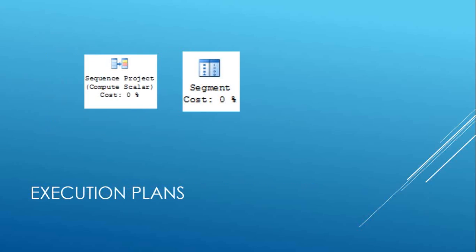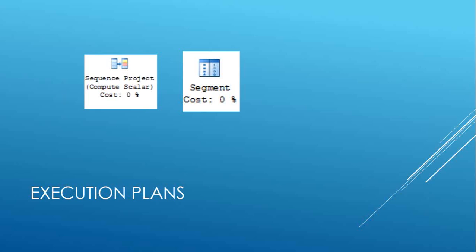So first, let's think about execution plans. What are we looking for in the execution plans? There are two new operators that you'll see, and there's nothing bad about these operators. Don't freak out when you see them. This tells us that the window functions are doing their jobs. The first one is the Sequence Project operator, and that operator just says that this calculation is being done.